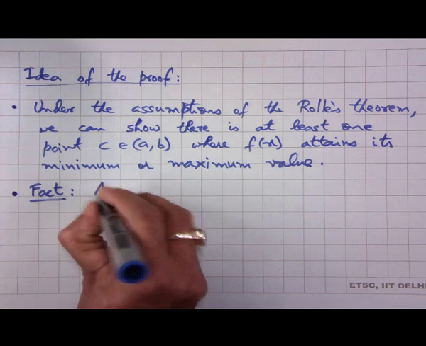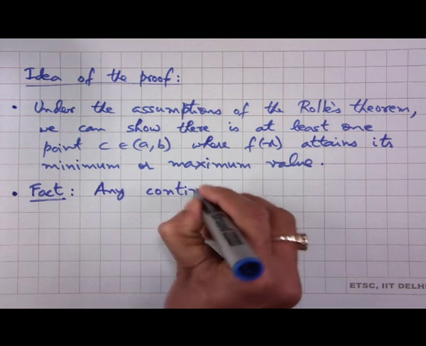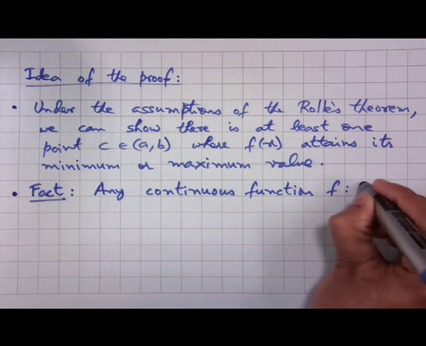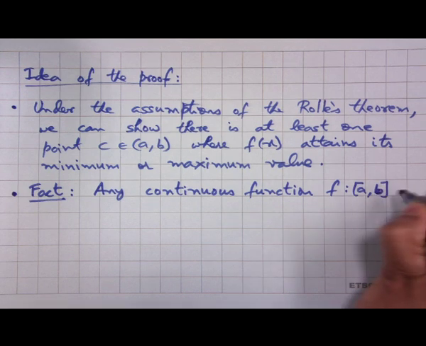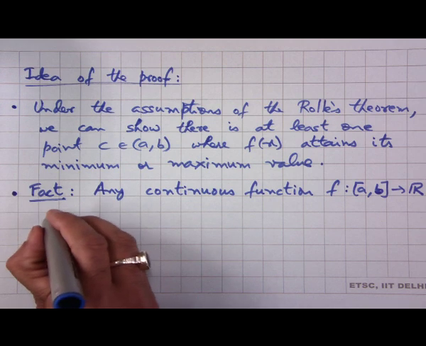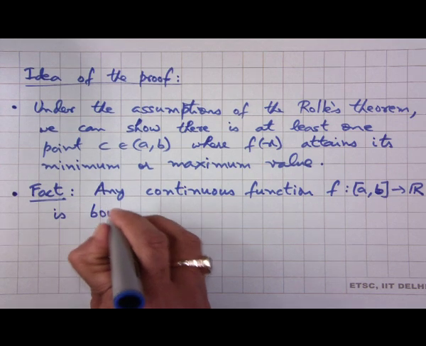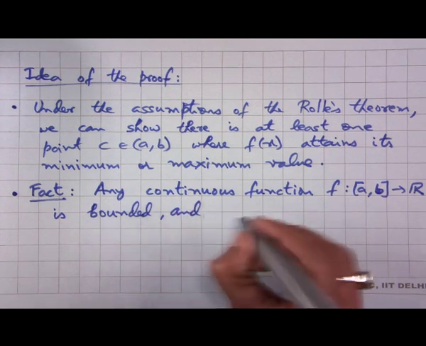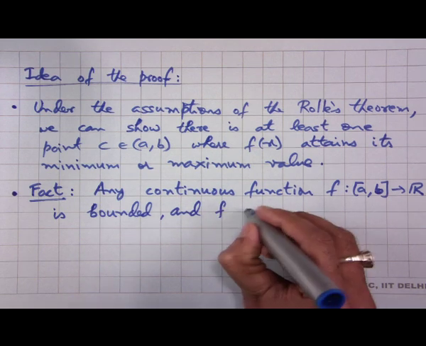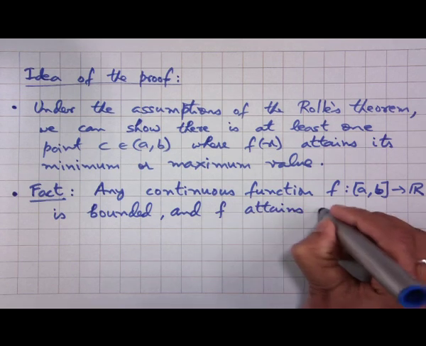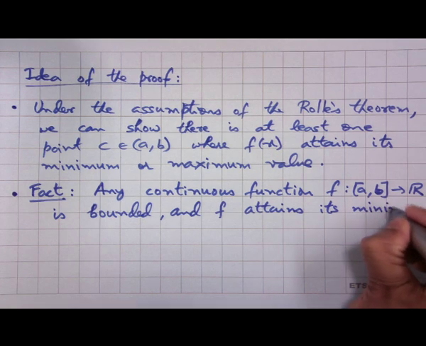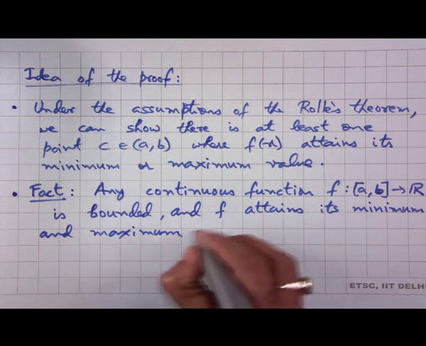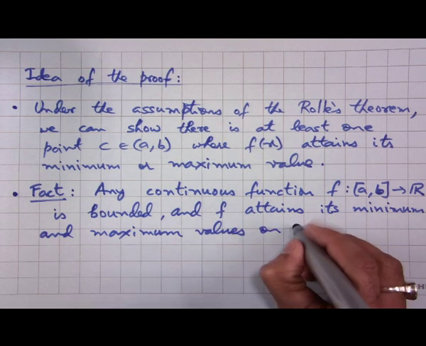So, let me write this fact: any continuous function f from a closed interval [a, b] to R is bounded and f attains its minimum and maximum value on the closed interval [a, b].